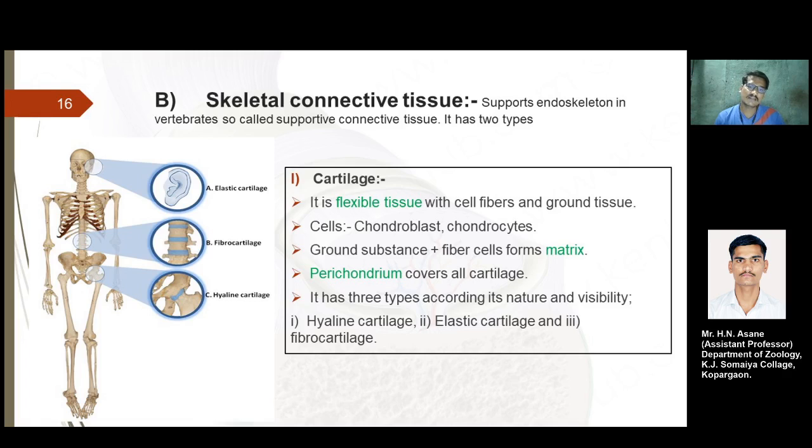And cartilage has three types according to its nature and how it is visible to us. Let's start with the hyaline cartilage, then we will see the elastic cartilage, and third and last, fibrocartilage, and then we will shift towards the bone.